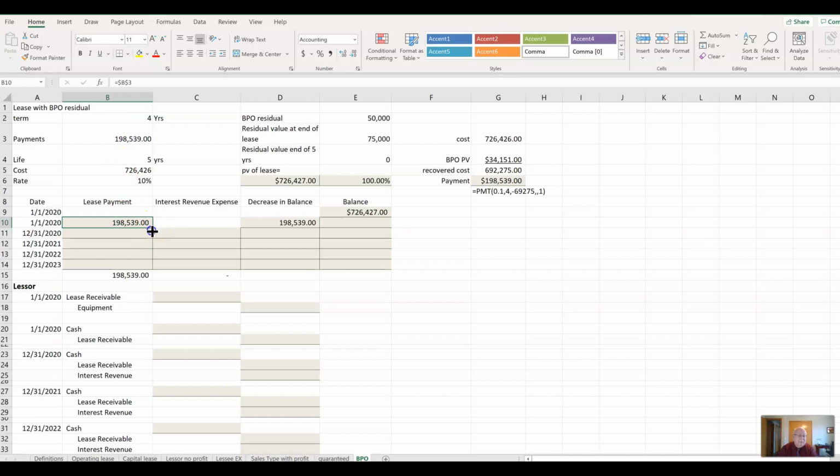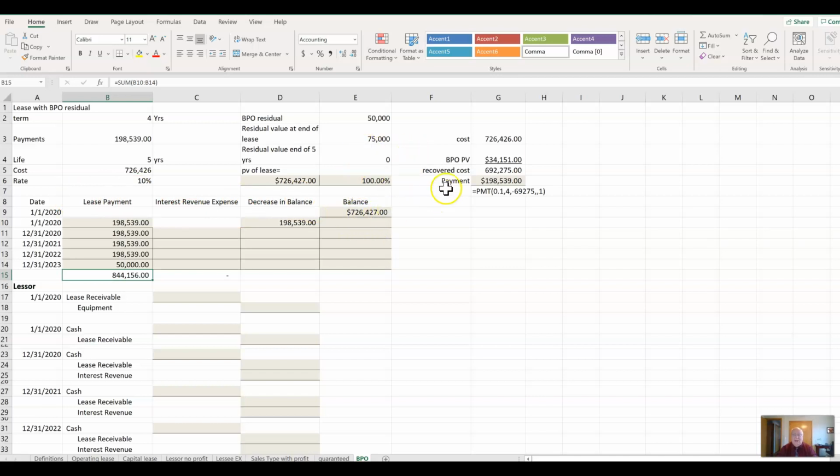As far as both of them, they're going to use basically the same table, except the last one again is going to be the 50,000, just like we had before. The difference is now this is both for the lessee and the lessor if it's a bargain purchase option.